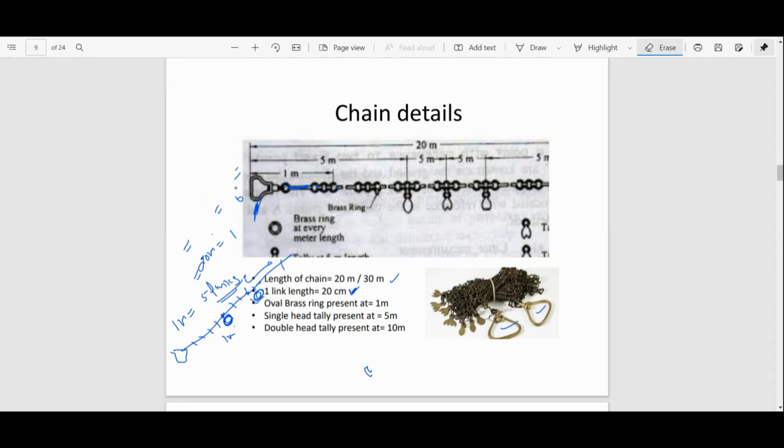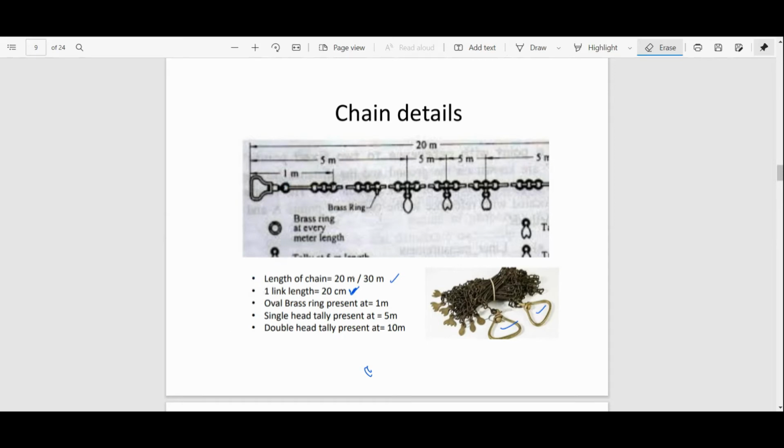Now it is very tedious to calculate distance meter by meter if the area is very large, because it is very difficult to count one by one. So there is a shortcut: there are tally rings present at a gap of 5 meter or 10 meter.